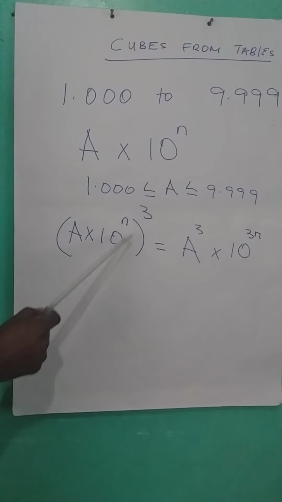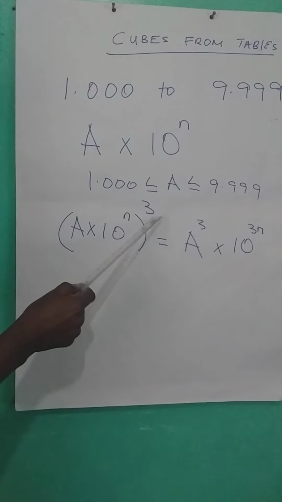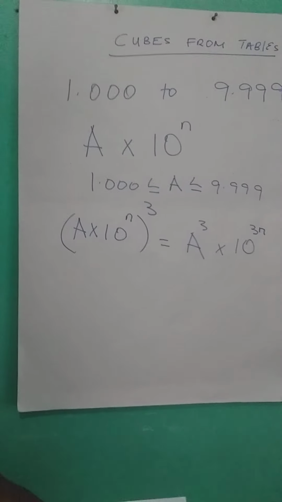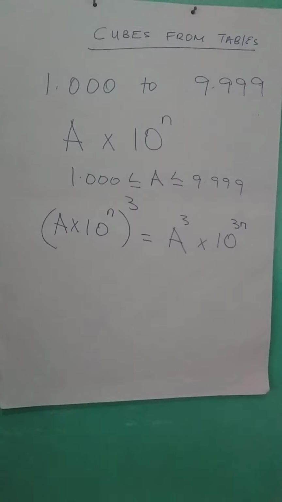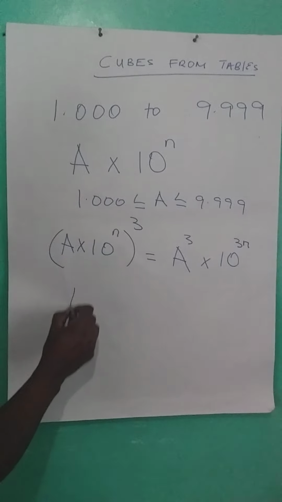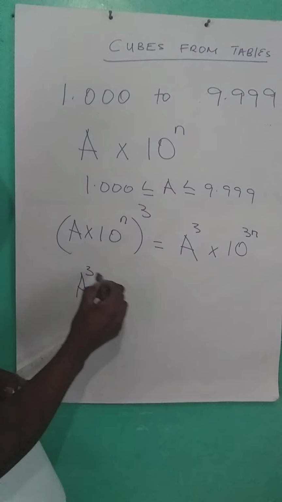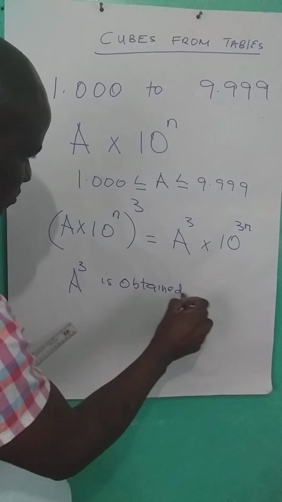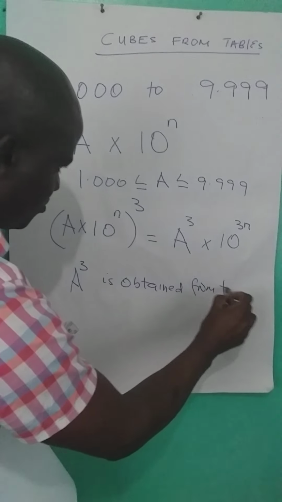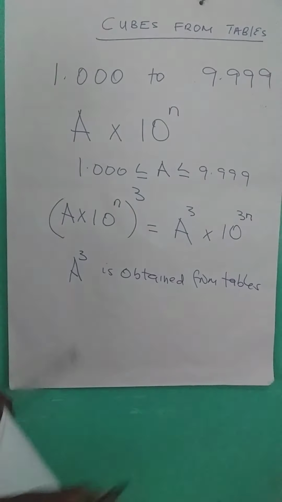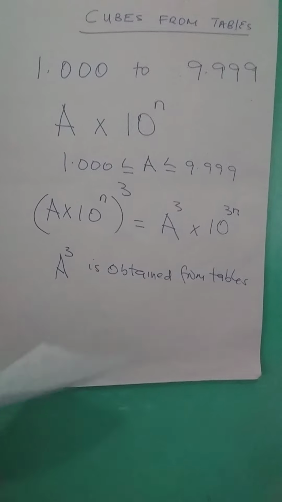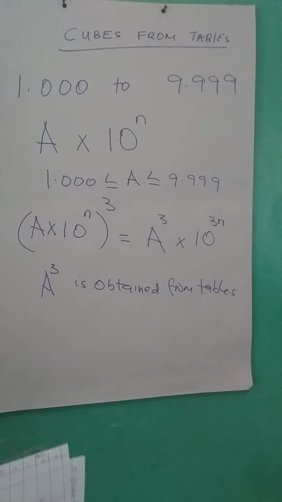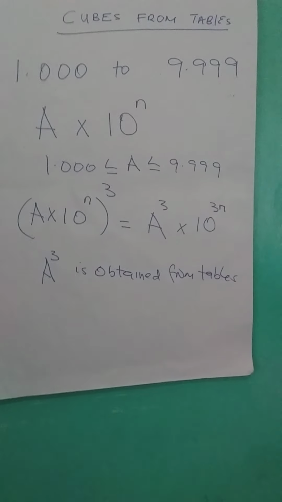So a times 10 raised to power n, cubed, is equal to a cubed times 10 raised to power 3n. And therefore, a power 3 is obtained from tables, and then you multiply by 10 raised to power 3n.